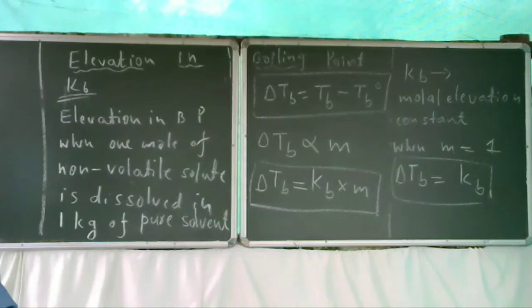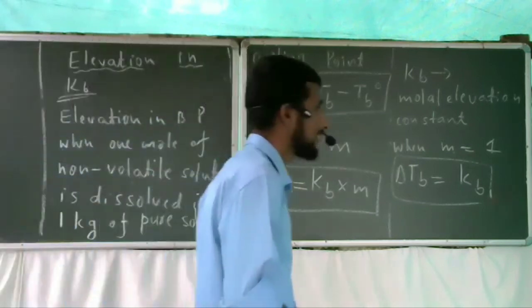That is by taking the definition of molality, we can write the definition for Kb.